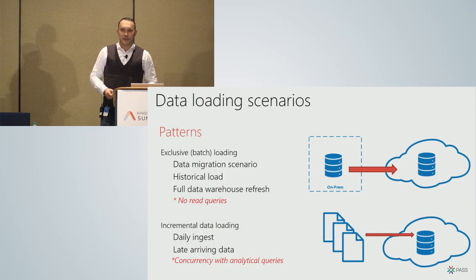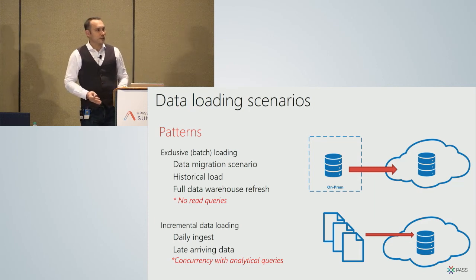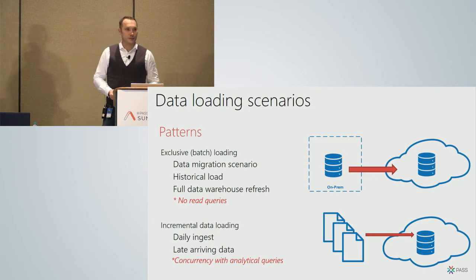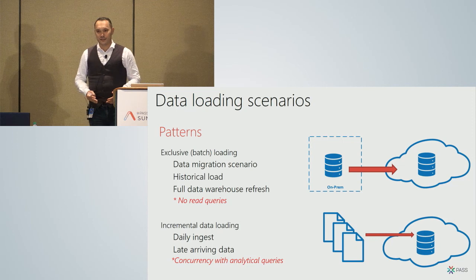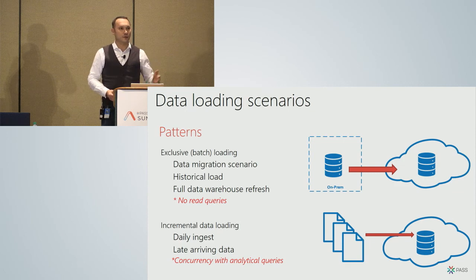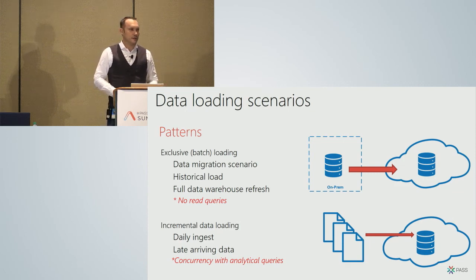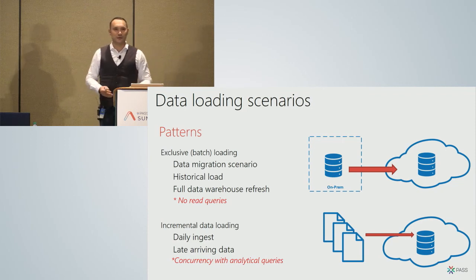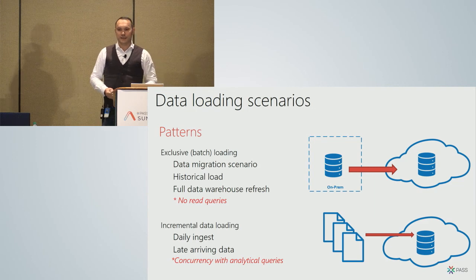So therefore, if generalizing, we're talking about two approaches. One approach is when you either migrate your data from on-premise into the cloud, or you need to do a backfilling operation, getting all your historical data into a newly created data warehouse. The key point here is it's often a one-time operation.